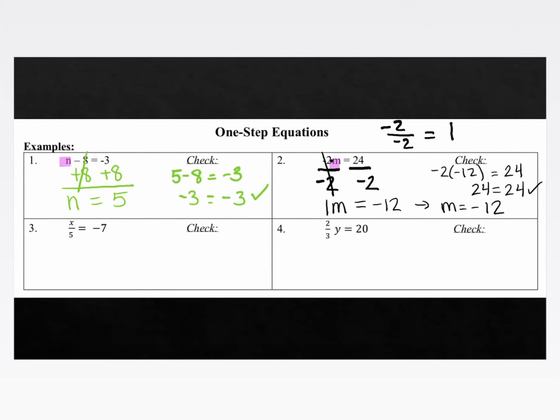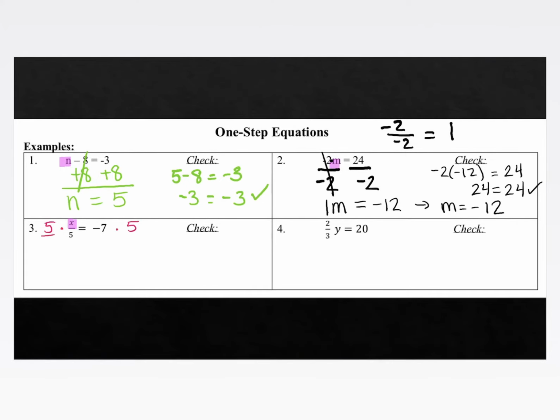Moving on to number 3, we have x divided by 5 equals negative 7. Again, the variable that we want to solve for is x. Since we see division here, x divided by 5, we want to use the inverse of that, which is multiplication. So we're going to multiply both sides by 5, because what I do to one side, I have to do to the other side.